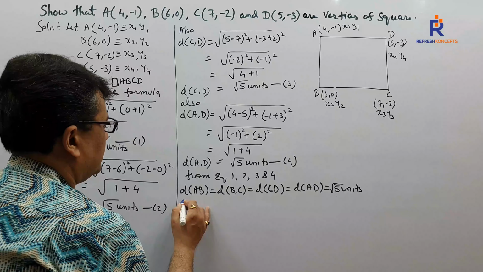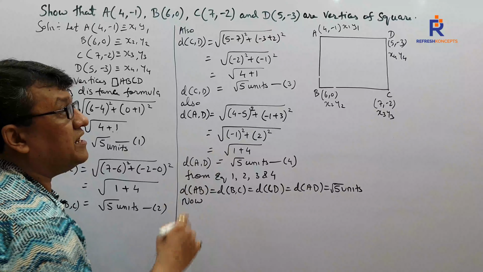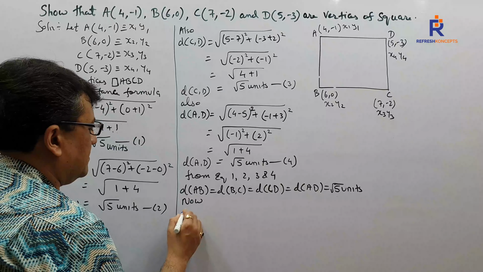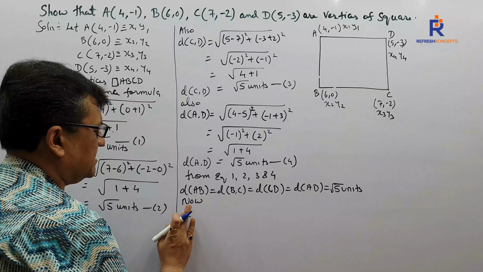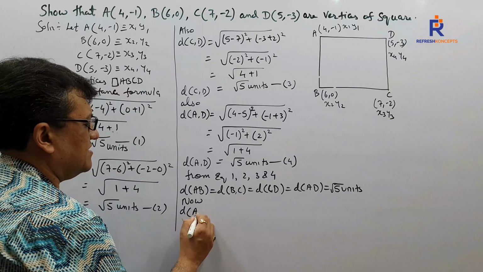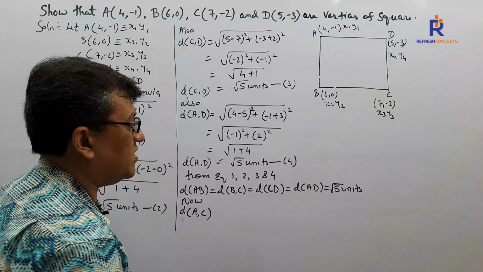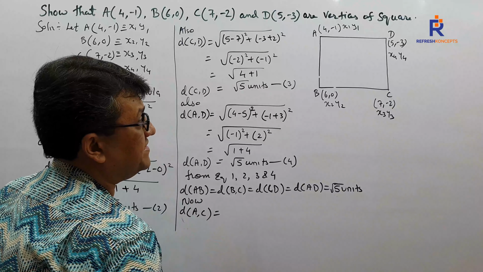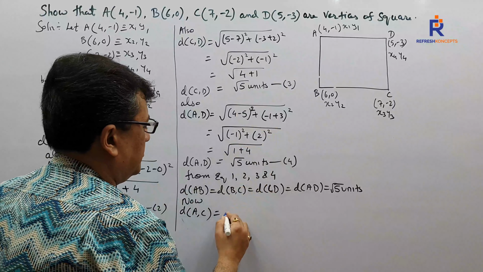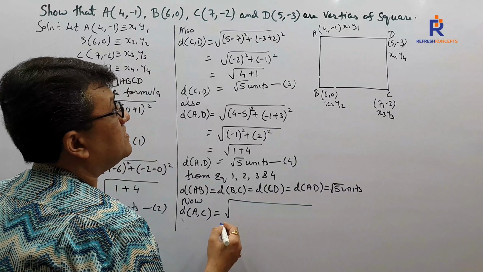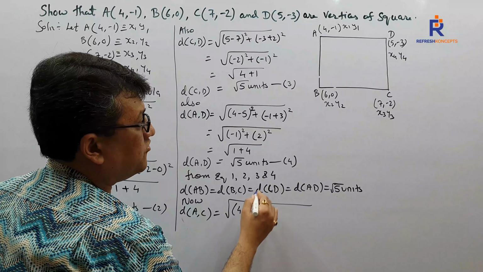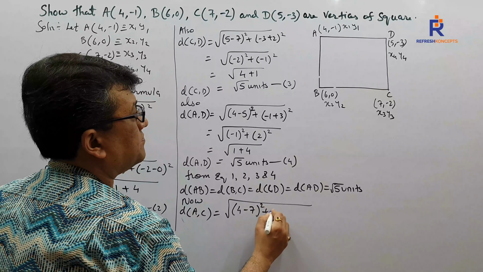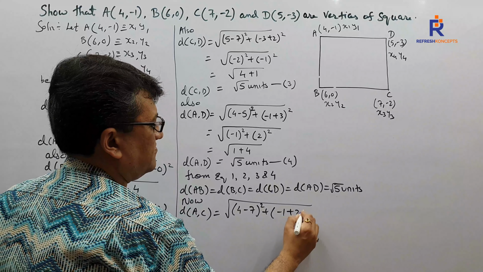Now, length of AC, or distance AC. Since in the entire sum we have gone with distance, so distance AC. What will I write down? Distance AC is under root of, I shall say, 4 minus 7 the whole square plus minus 1 minus of 2 the whole square.